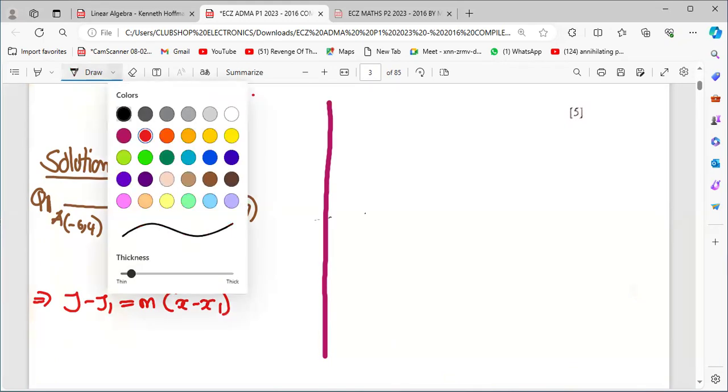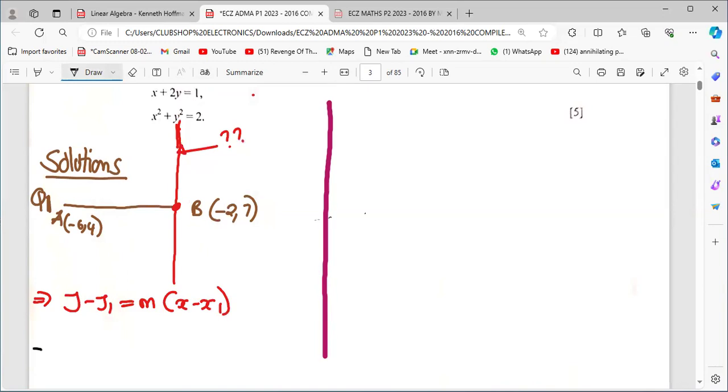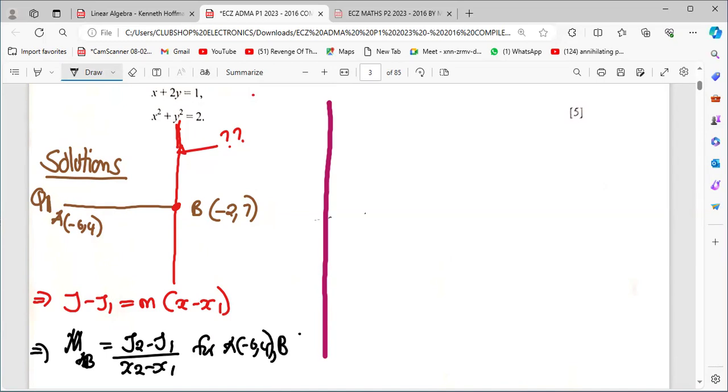Now, we can find it by first finding the gradient of AB, which is defined by y2 minus y1 divided by x2 minus x1. A is (-6,4) and B is (-2,7), so we'll call A point 1 and B point 2.